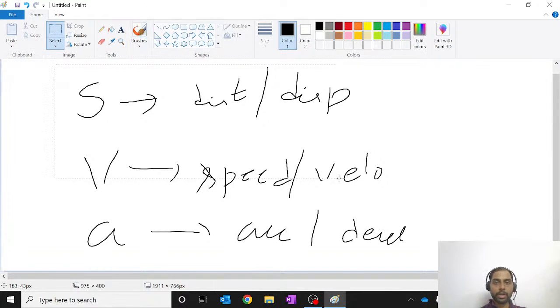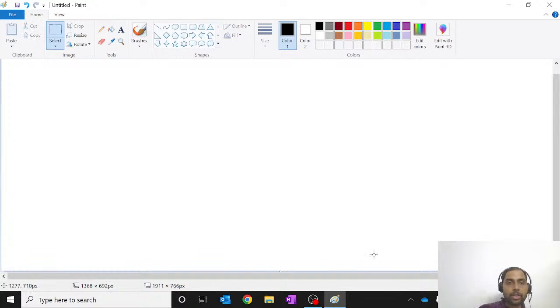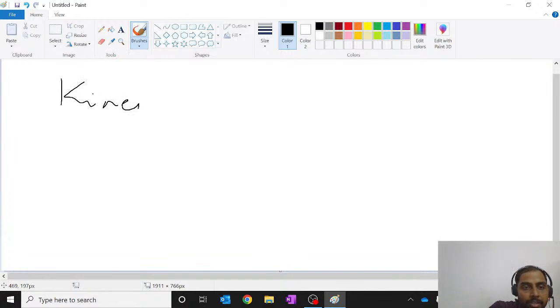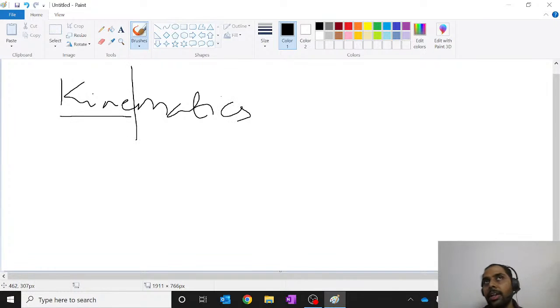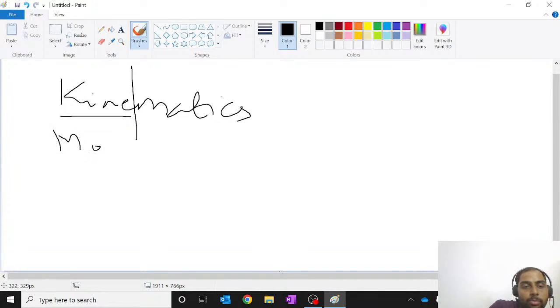Most importantly, when we start off, let's say I am talking about kinematics. If you remember, in your potential energy and kinetic energy, kinetic energy refers to something that is in motion. Similarly, this is also in motion.